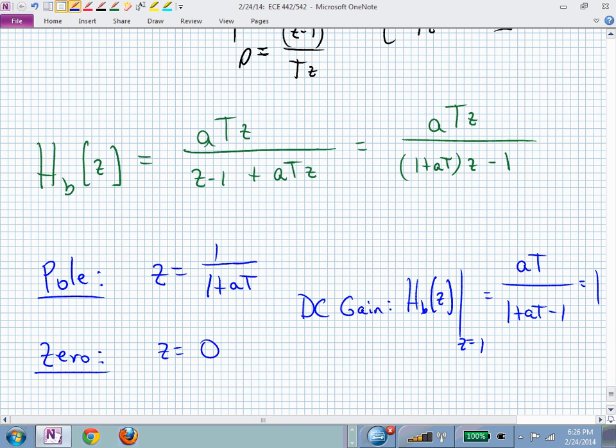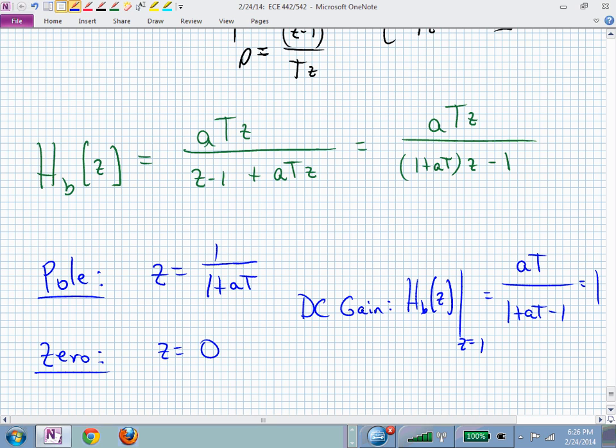That just tells you that between sample periods, between 0 and capital T, we're not moving very much, but T is very, very small, so we shouldn't be moving very much. So the smaller you make capital T, the closer that pole is to the unit circle, which is really consistent with what's happening. You're not asking to change much between sample periods.